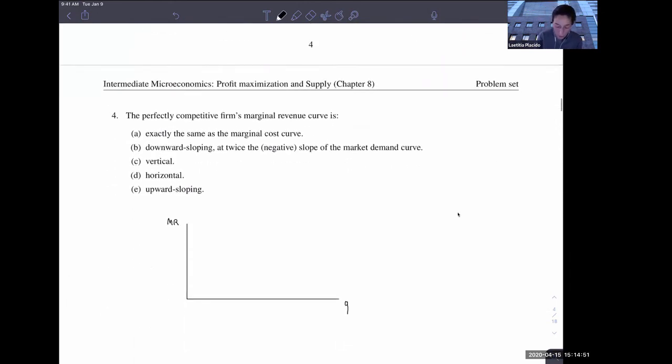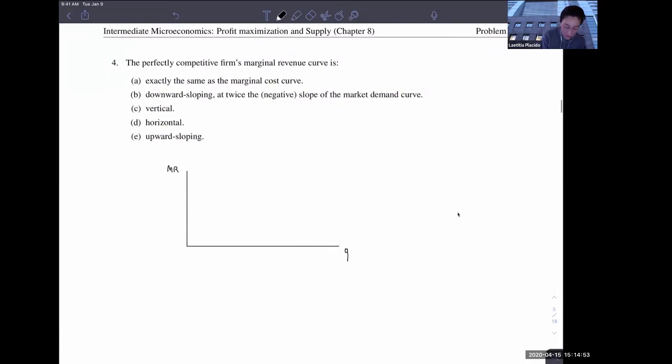If I were to draw the marginal revenue here, I would draw a horizontal line, and the value on the vertical axis would be P. So the answer here is horizontal.